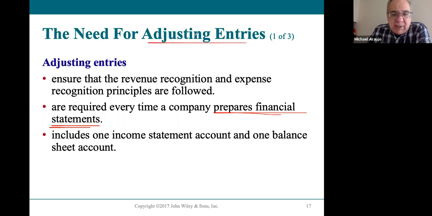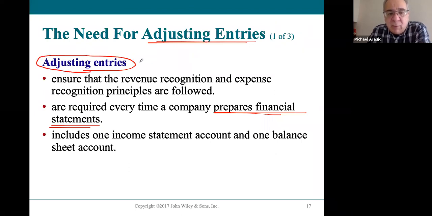The adjusting process is simply a way to double check that all the revenue has been recognized and that all the expenses have been recognized before we prepare our financial statements for that period of time. Okay. And so what you're going to be learning and doing next week, specifically, this is just the intro in objective one, is you're actually going to be doing those adjusting entries.